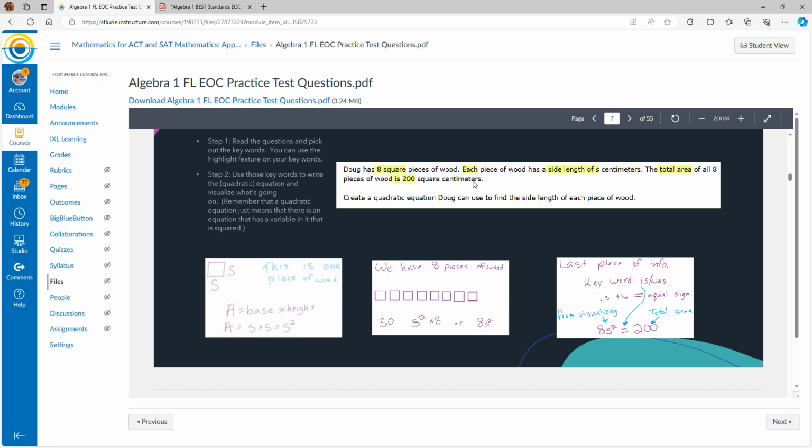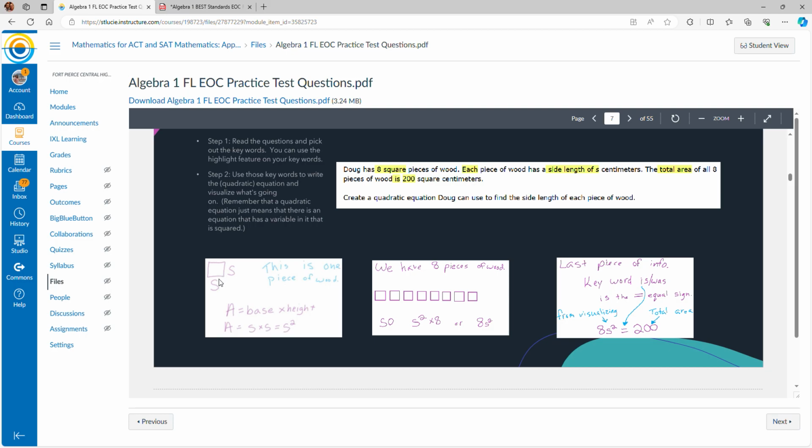Step 2, we're going to use our keywords to write a quadratic equation and visualize what's going on. A quadratic equation just means that there is an equation that has a variable in it that is squared or has an exponent. So my notes here that you can actually see, sorry about the last video.